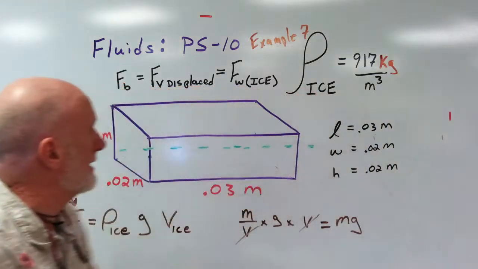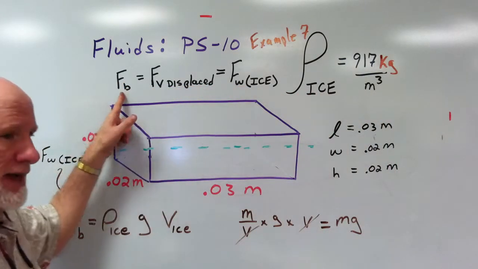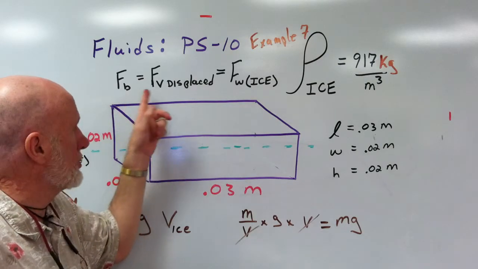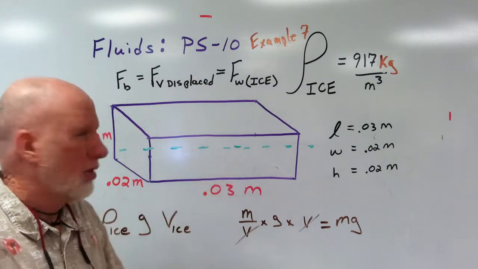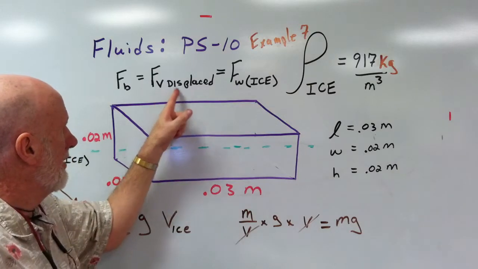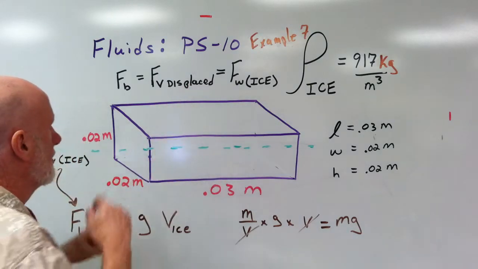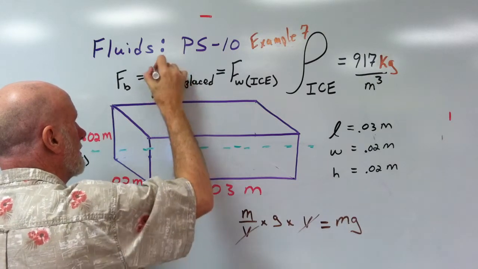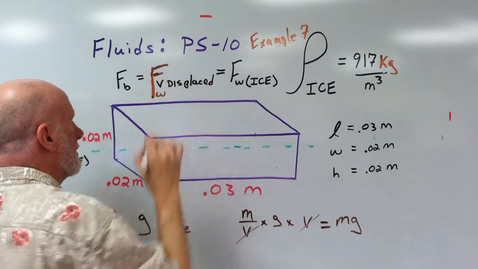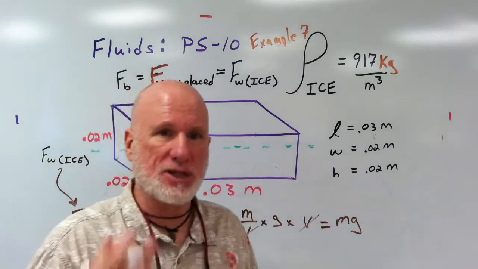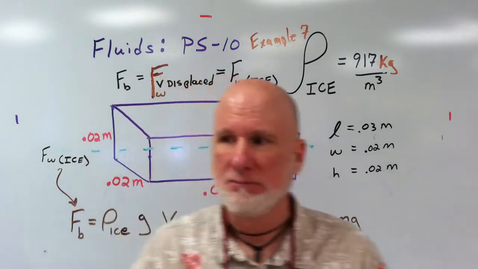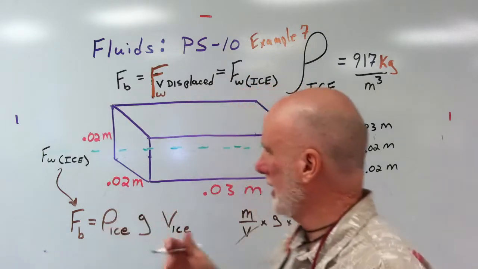We have here that the buoyant force will equal the weight of the volume displaced, which will also equal the weight of the ice. It's floating, okay?